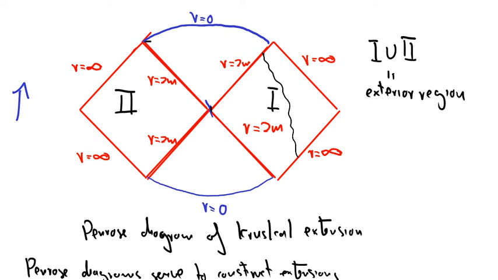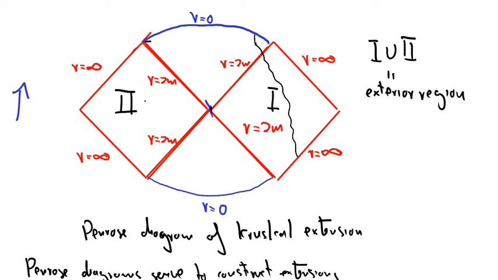boundary of region 1, and he can enter in this other region, and once he enters in these regions, there's no way for him to come back to region 1 or approach region 2, because if he tries to approach region 2, he would have to follow a space-like path, which is not possible for an observer. So he will end up in r equals 0, which is a singularity.